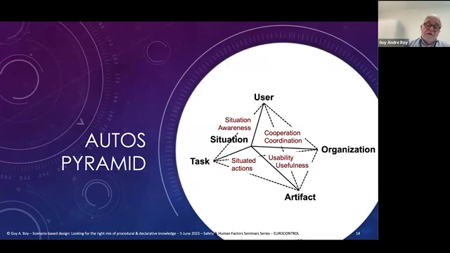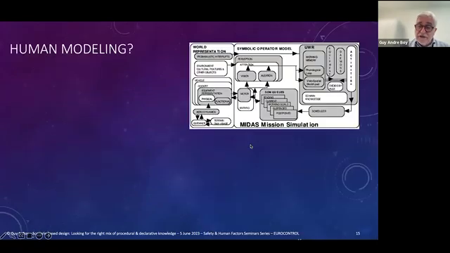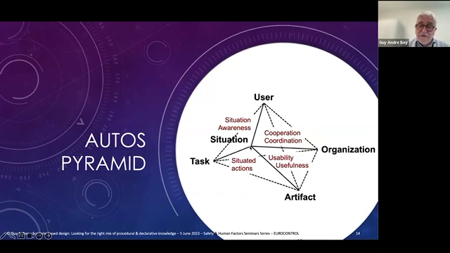So there is a very good description of this that was done a long time ago on situated action during the 80s. That was done at Xerox PARC. I don't remember, but this is something we know very well. So here on this link between situation and artifact, you have everything that is related to usability and usefulness.